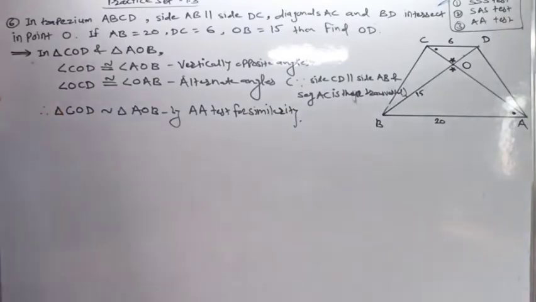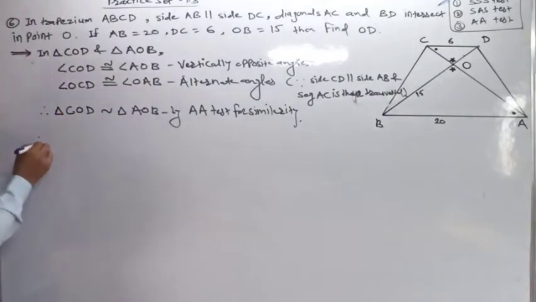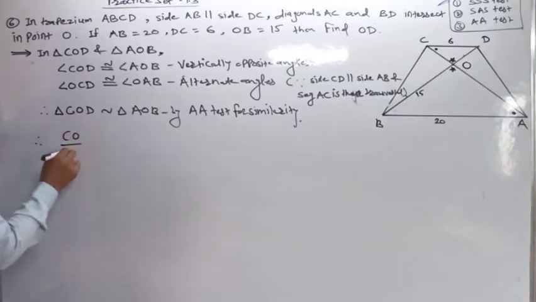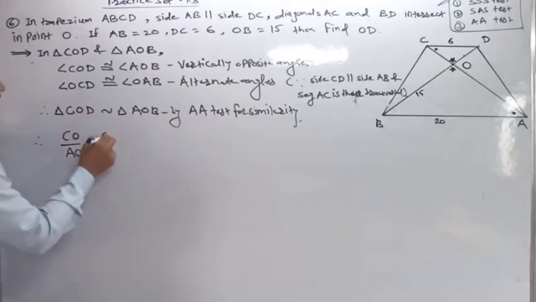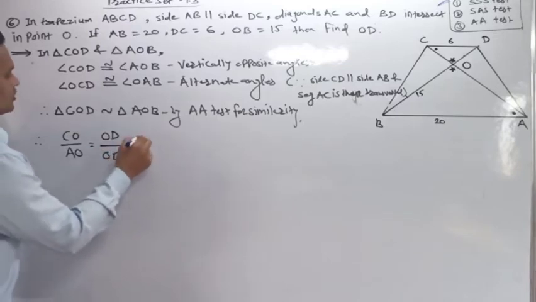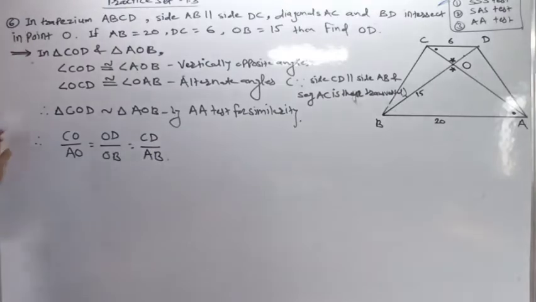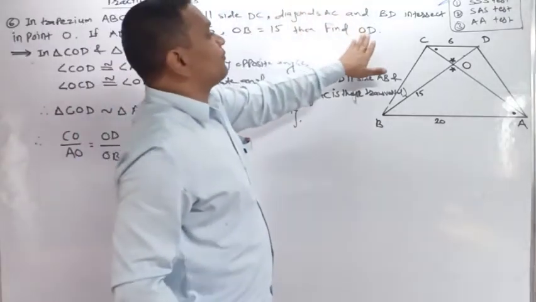If two triangles are similar, then their corresponding sides are in proportion. Therefore, we can write CO divided by AO is equal to OD divided by OB equal to CD divided by AB. We want to find out the value of OD.